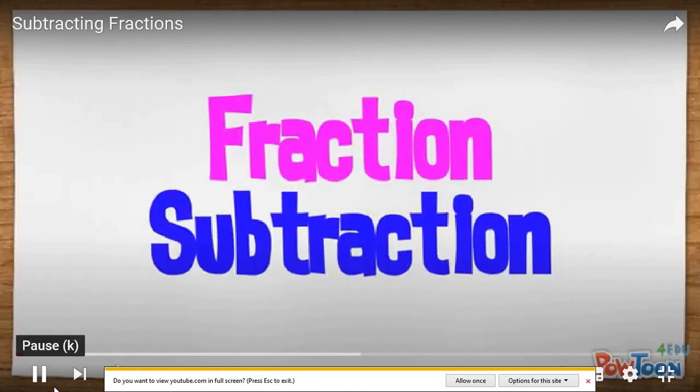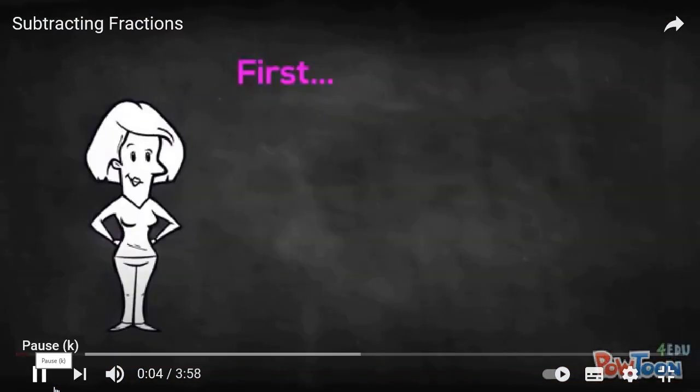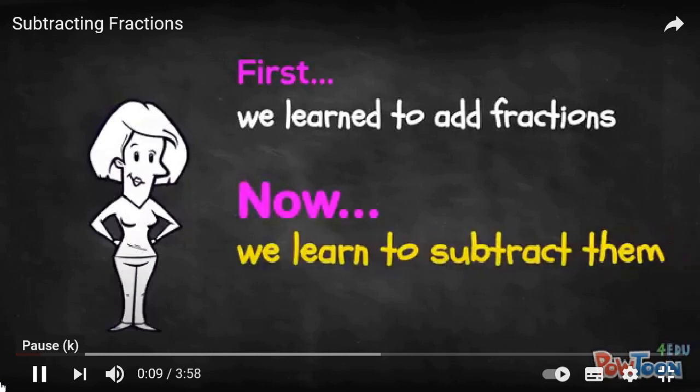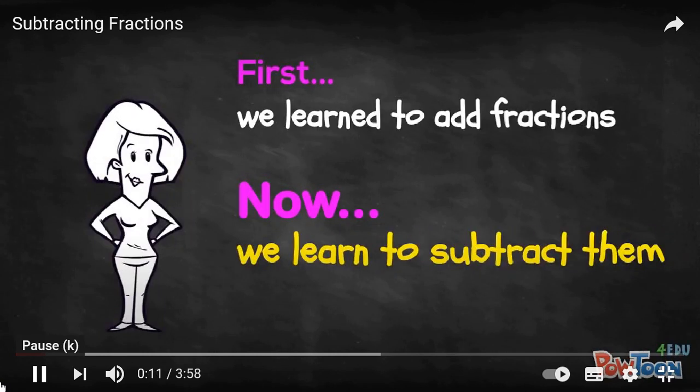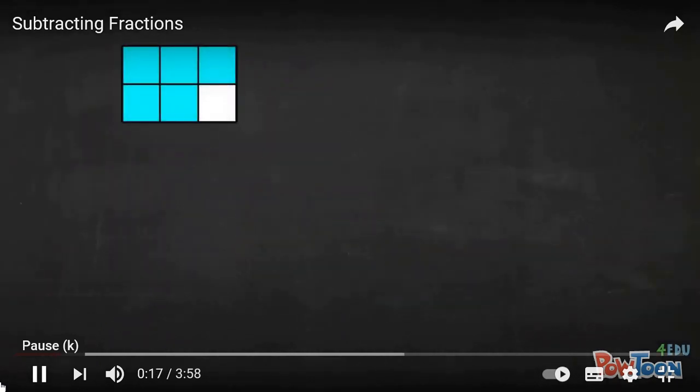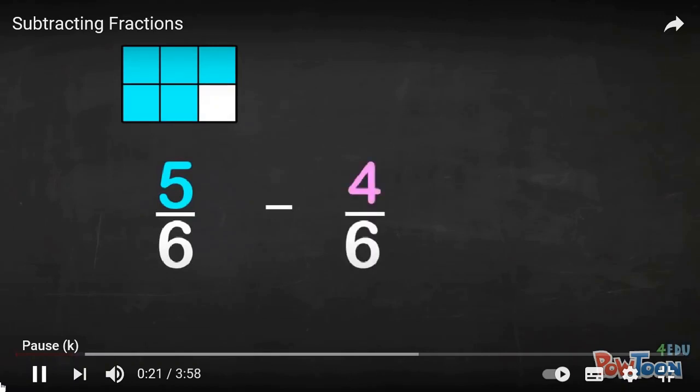Fraction subtraction. First, we learned to add fractions, so now we learn to subtract them. And if you can add fractions, you'll have no problem with subtraction. This represents 5/6. I have to subtract 4/6.